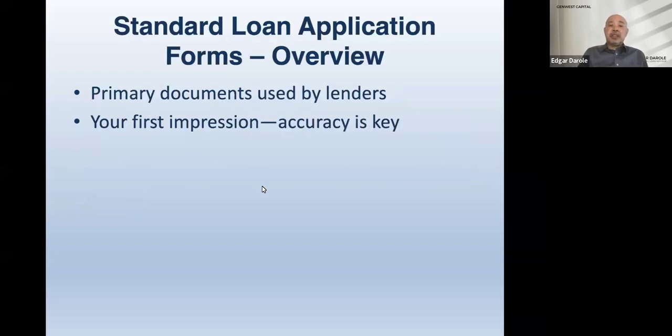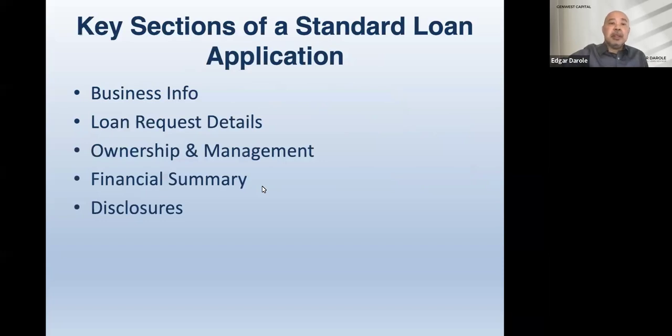So, first up is the standard loan application overview, the primary documents that are used by a lender. In this case, for your first impression, accuracy is the key. What are the key sections of a standard loan application?